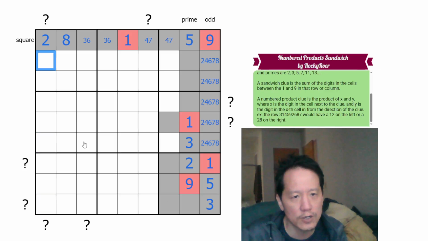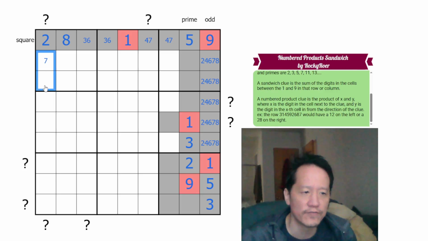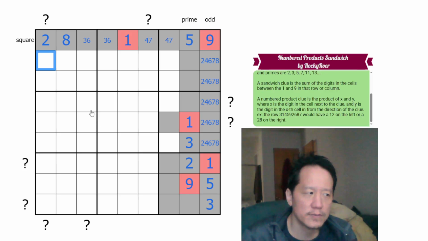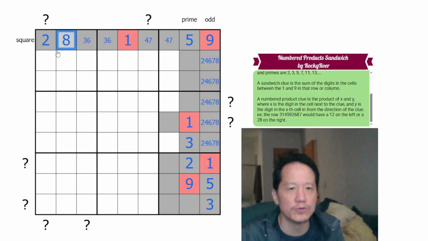So that doesn't work. 2 and 7 doesn't work because, again, you don't have any other factors that multiply to 14. 2 and 8 is 16, but then you would have to have 4 and 4. And that doesn't work because you can't have duplicates in the same column. So it can't be 2 and 8 because 8 is here.